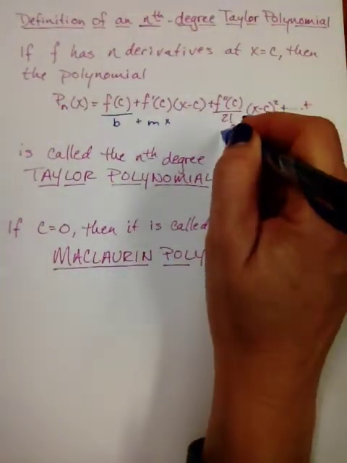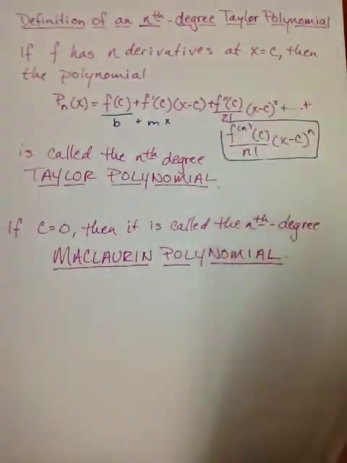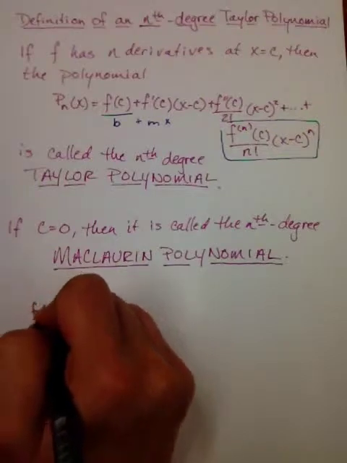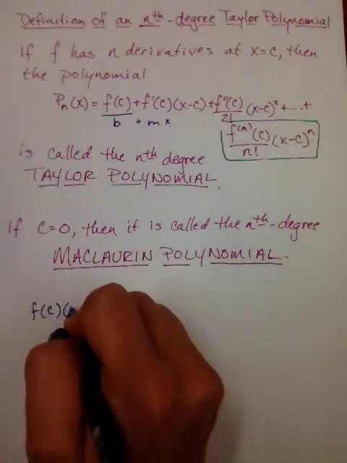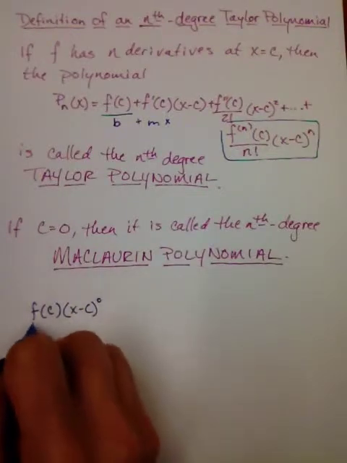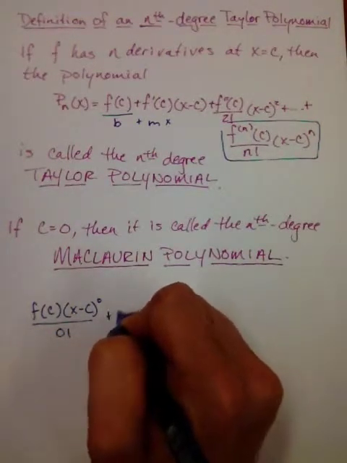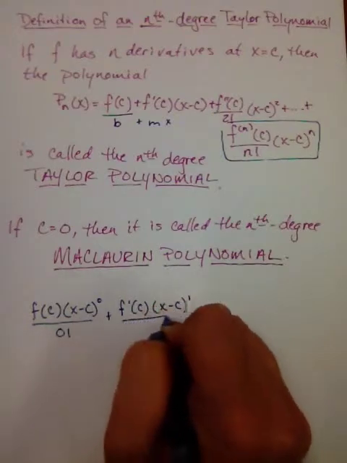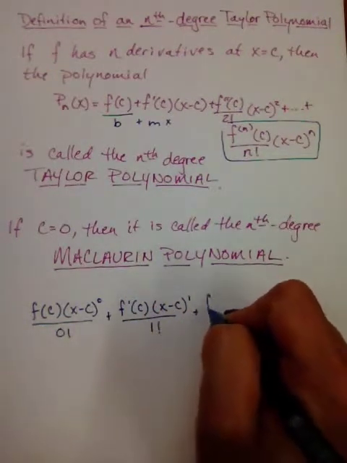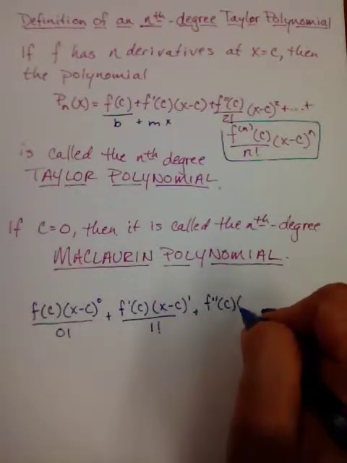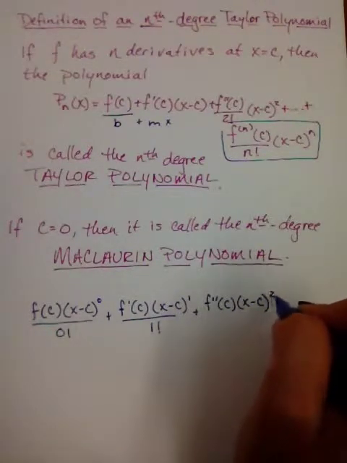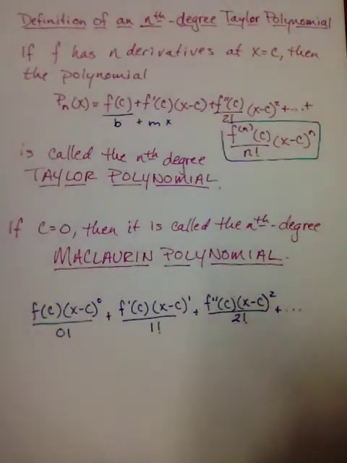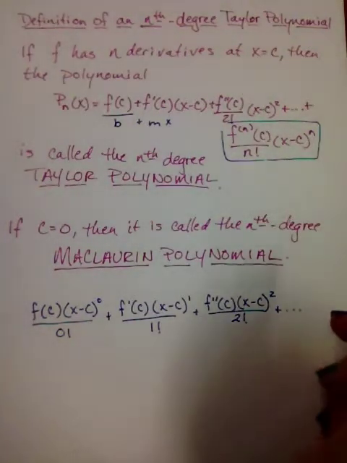So if you take this piece right here and you use this at the very beginning, what I have here is an f of c, just my original function, times x minus c to the 0th over 0 factorial, plus f prime of c times x minus c to the 1st over 1 factorial, plus the second derivative at c times x minus c to the 2nd over 2 factorial, plus, and I would go out for a while until I get to whatever degree I need, like the 3rd degree, the 4th degree, etc., and then I would stop.